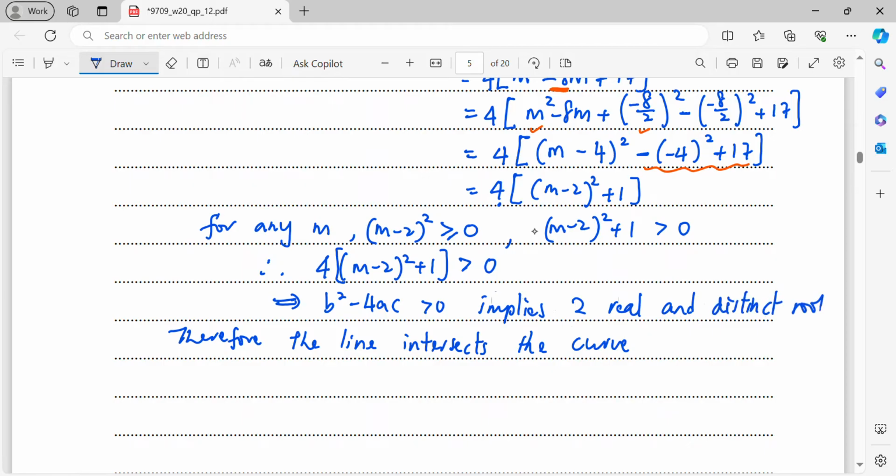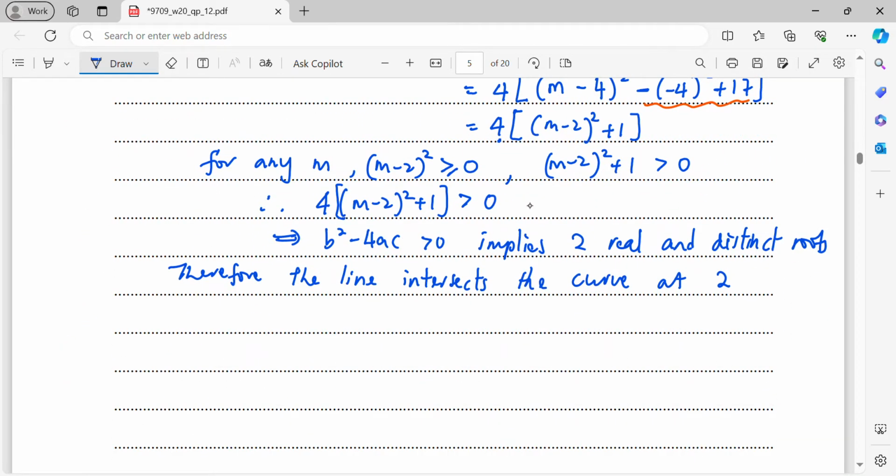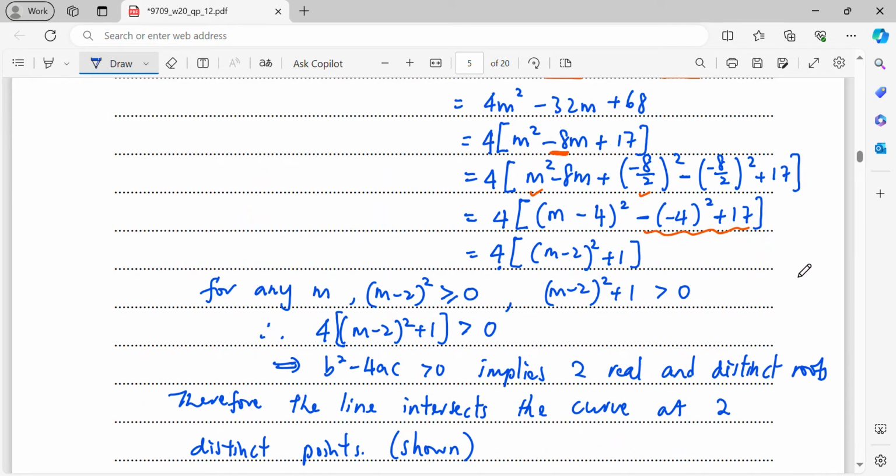Therefore the line intersects the curve at two distinct points. So shown. Okay, so this is the working.